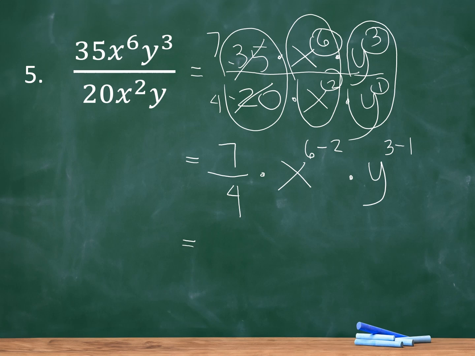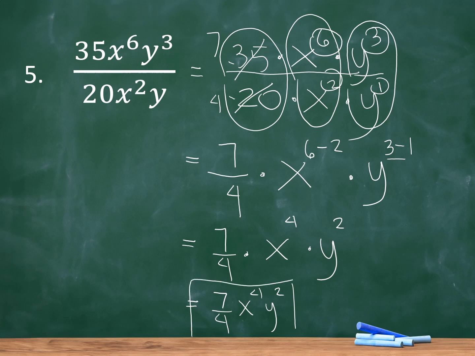Let's continue. So we have 7 over 4 times x to the power of 6 minus 2 is 4 times y to the power of 3 minus 1 is 2. So our answer will be 7 over 4 x to the power of 4 y squared.